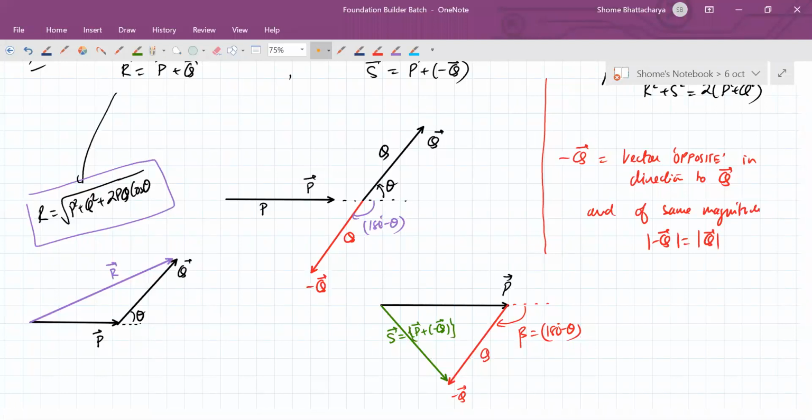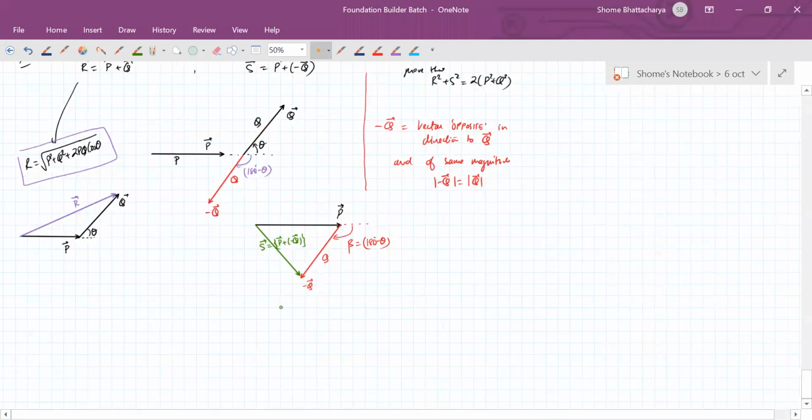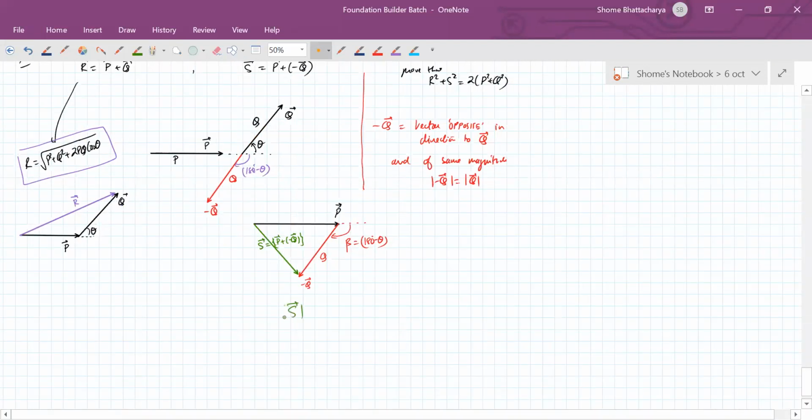Okay, so how will we find the magnitude of S? We will just use that same formula, the triangle law formula. So the magnitude of S will become square root of p square plus q square plus 2pq cos of beta, because now the angle between p and minus q is beta.